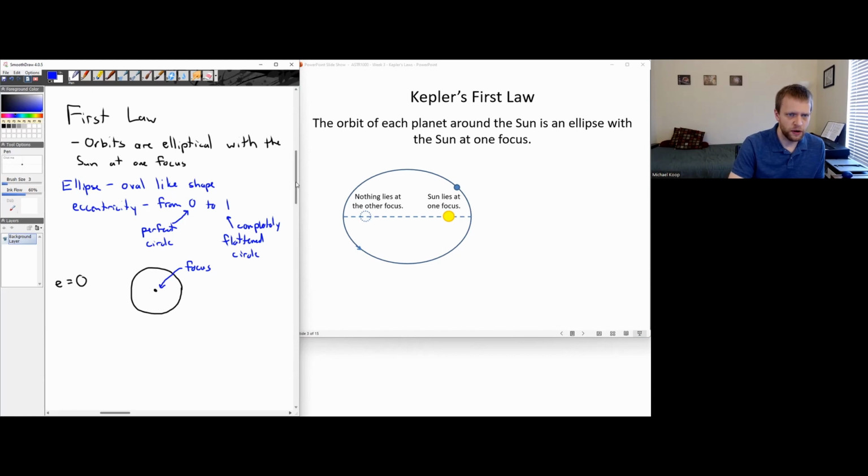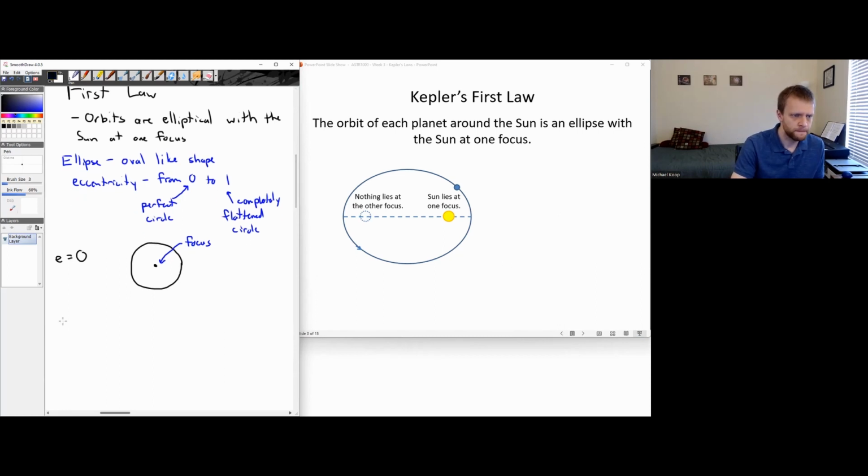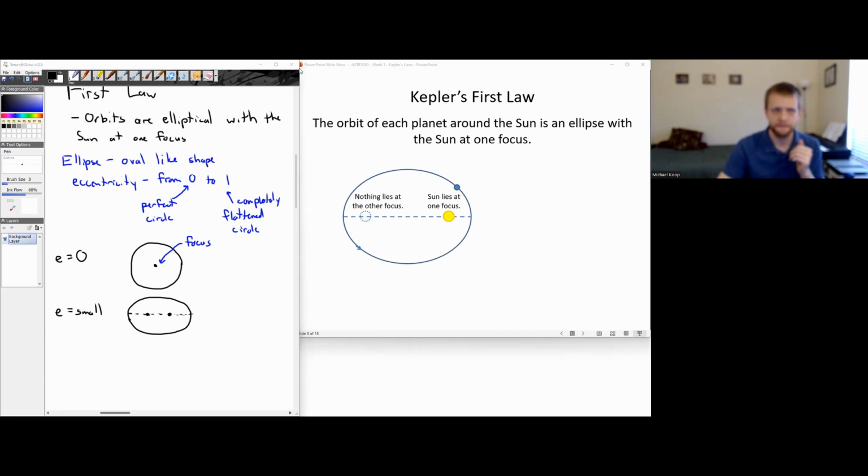If we have a small eccentricity, so let's say 0.1 or 0.2, then that is going to be a little bit stretched out. It's not quite going to be a circle. And the 2 foci are going to be a little bit more spread out along that longest axis. This longest axis is something that we're going to call the major axis, and we'll talk about that in more detail in just a minute.